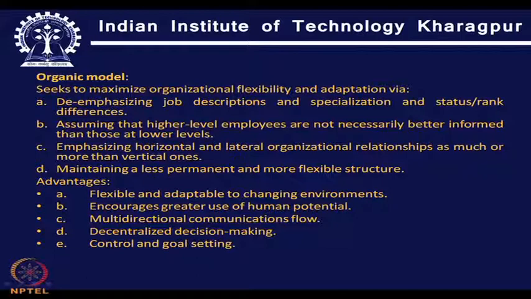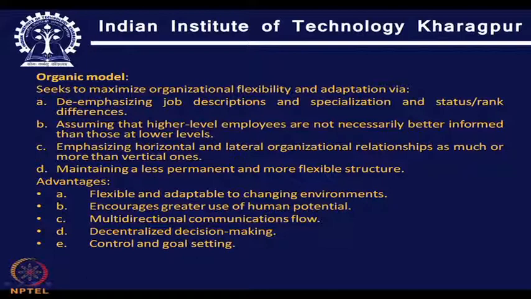In contrast to it, when you are talking of the organic model, the organic model tends to maximize organizational flexibility and adaptation by de-emphasizing job descriptions and specializations and status rank differences.